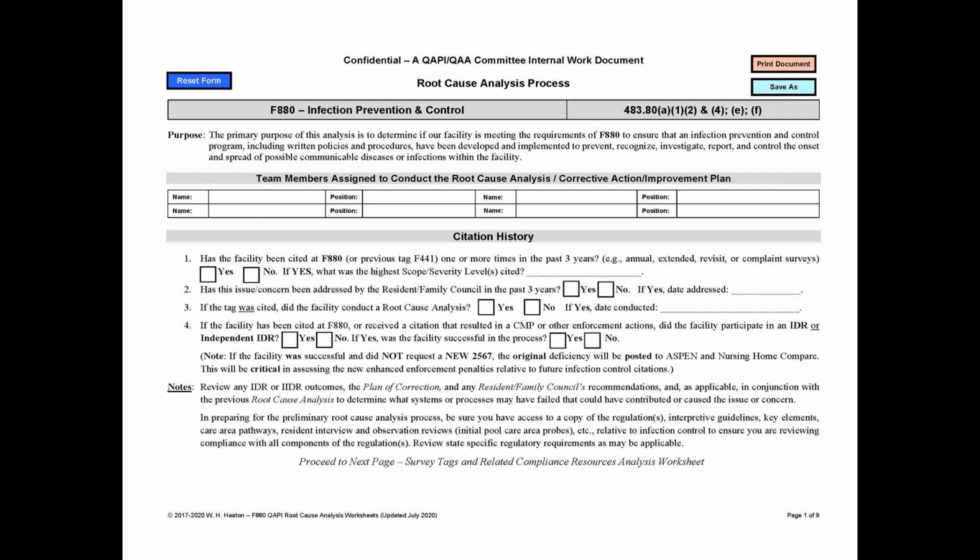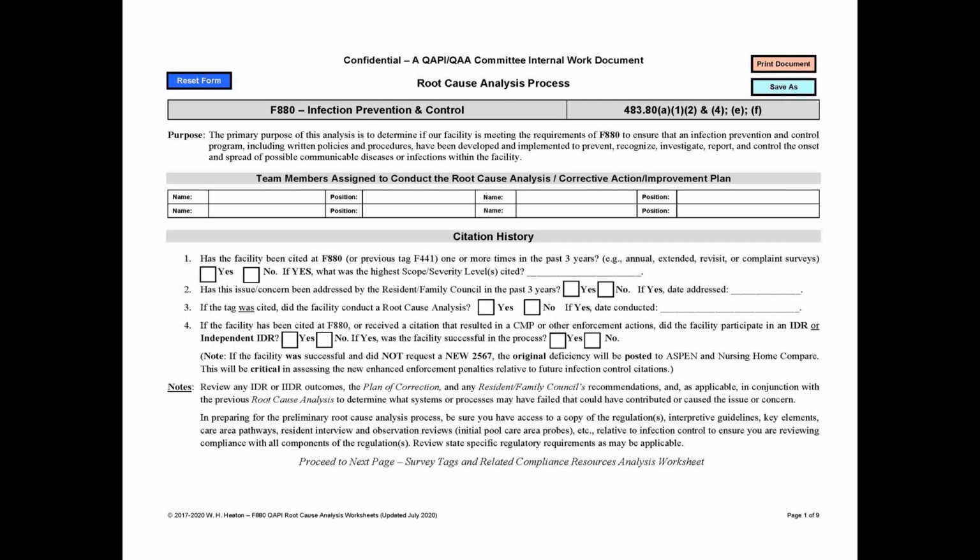You see if the facility has been cited and received a citation in which you had an IDR or an independent IDR. I would encourage you to look at that. If you have had an IDR or an independent IDR on tag 880 in the past, look at that.